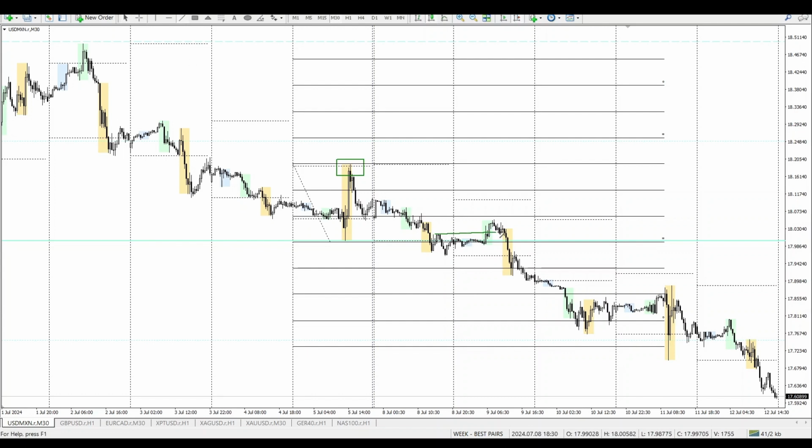And then in London we have the pump, pullback for the continuation blow off trade. This is a breakout pullback, and again breakout pullback for the continuation. If this market wants to reverse, they come up here and consolidate up high for the dump and pump template. Instead, in this case, we have the breakout pullback continuation.